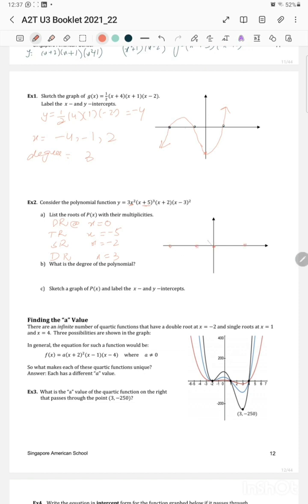Double root, triple root, single root, and this is again a double root.